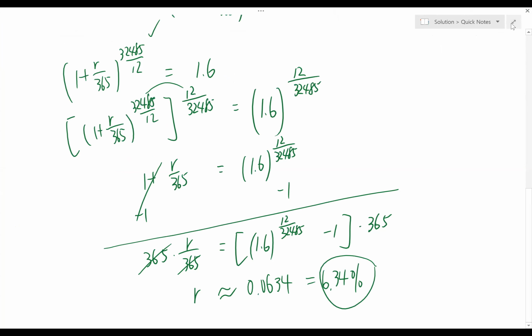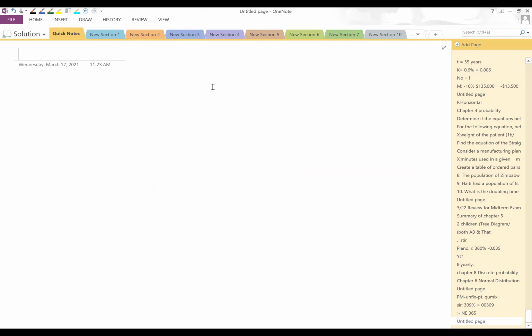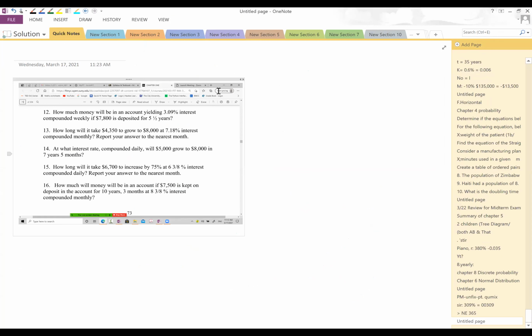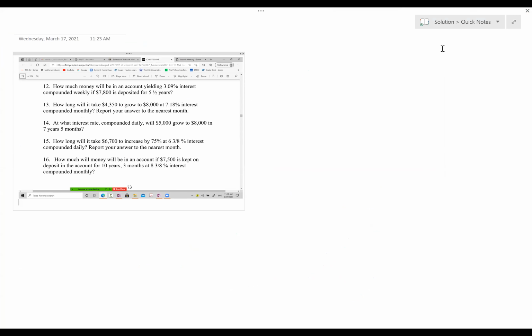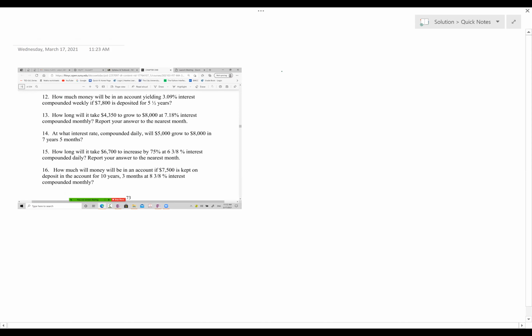And that's question 14. And let's look at question 16. Again, this is a quick exercise reviewing the formula we learned last Wednesday. Question 16: how much will the money be in the account if $7,500 is kept on deposit for 10 years, 3 months at 8 3/8% interest compounding monthly.